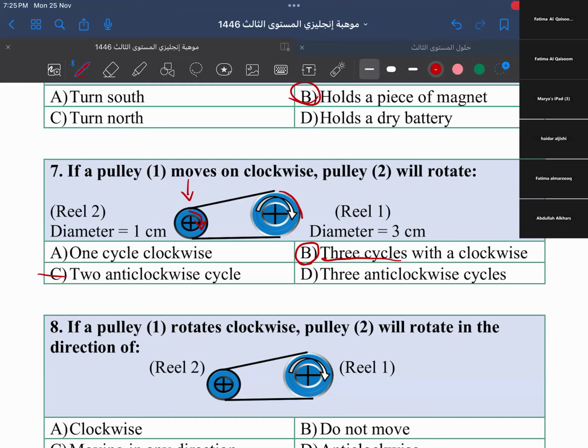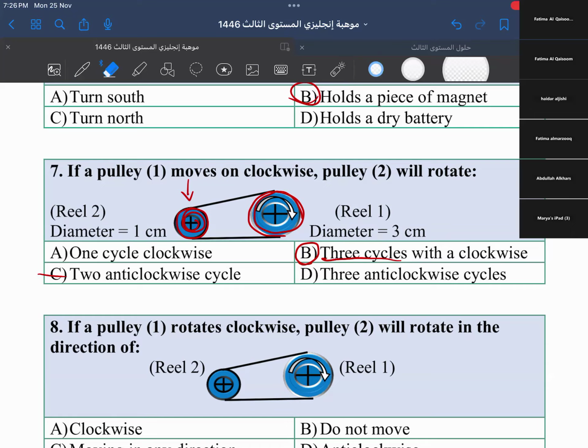So the larger the diameter, the longer it takes to complete one full circle. Since this one is smaller, it has much less time to complete one circle. So they're saying that for each one circle or cycle of this big one, the small one would complete 3 full circles.